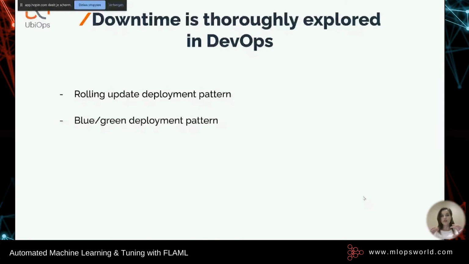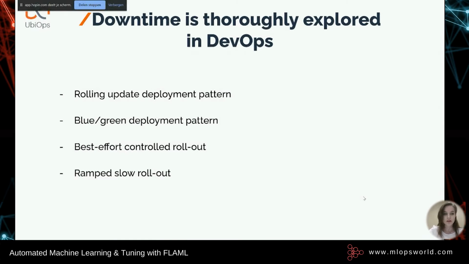Once the other one is finished deploying, you have two versions that do the same tasks, both online. And only once that second version is fully ready to take over, you shut down the previous version. So you never have any downtime, because while the new one is still deploying, you can use the old version.